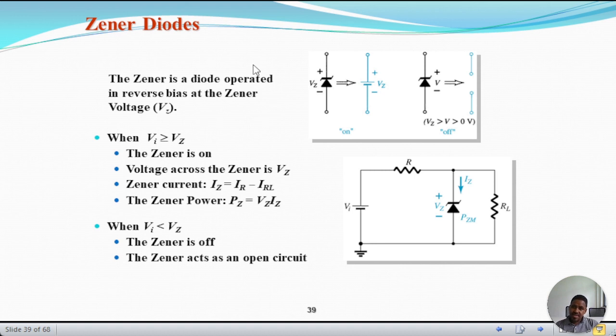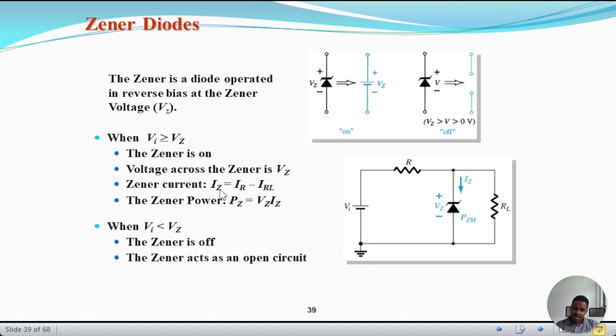Let's analyze the Zener diode. The Zener is a diode operated in reverse bias at the Zener voltage. When Vi is greater than or equal to VZ, the Zener is on and it conducts. The voltage across the Zener is equal to VZ. The Zener current IZ equals IR minus IRL, where RL is the load resistance.